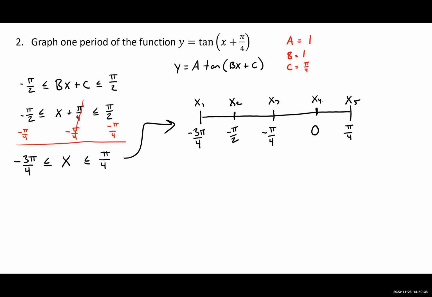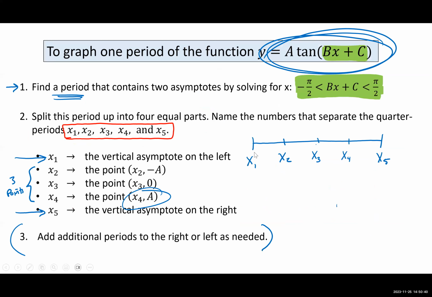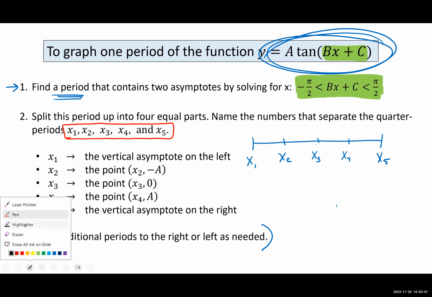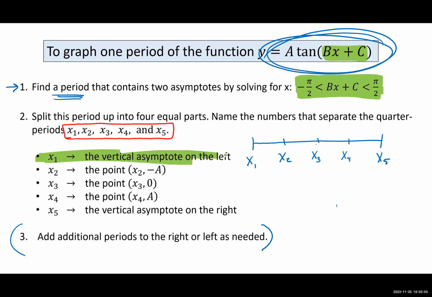And what we do with these numbers, let me go back a few slides just to remind everyone. x1 is an asymptote, x5 is an asymptote, and x2, x3, x4, those 3 numbers in the middle give you 3 points: x2 comma negative a, x3 comma 0, x4 comma positive a. All right, 2 asymptotes and 3 points.